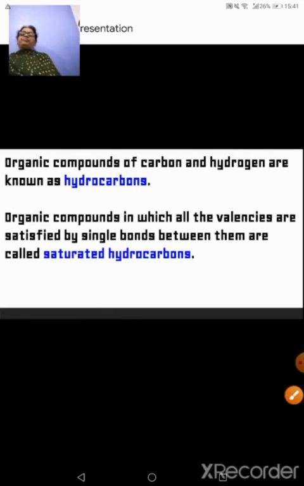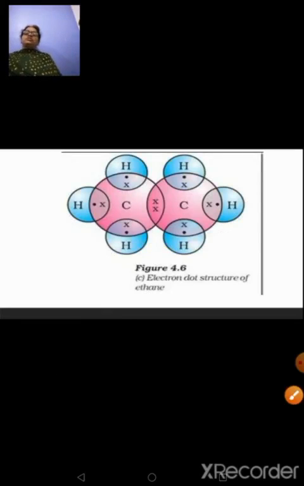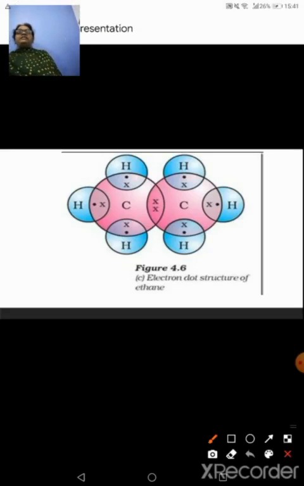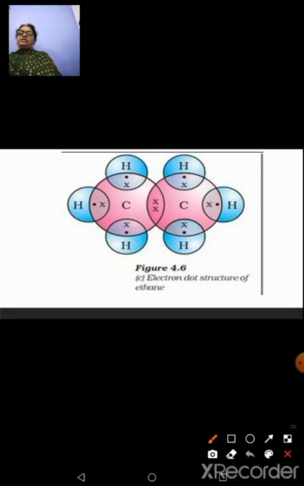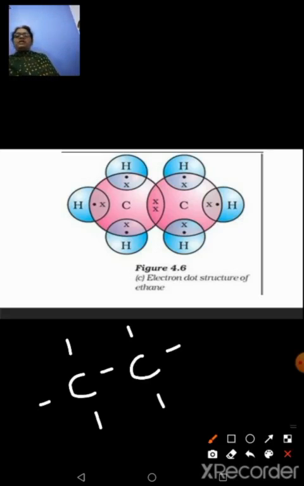Okay, now see the dot structure of ethane, right? Now what happens here? Let me write the structural representation of ethane. See, carbon, it has got 4 hands, right? Now in ethane there are 2 carbon atoms. So this carbon again has 4 hands, right?